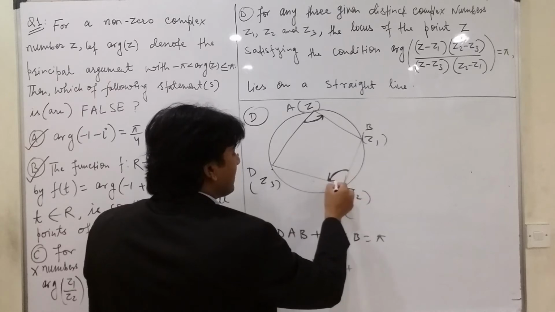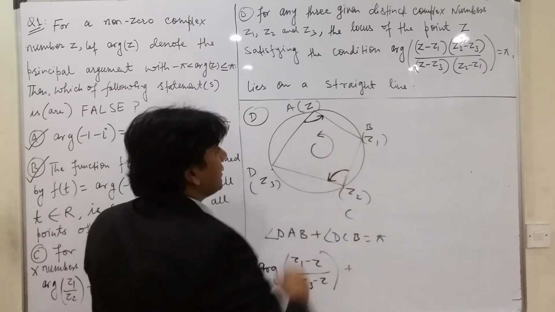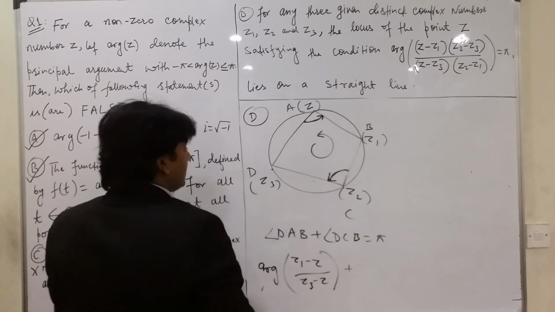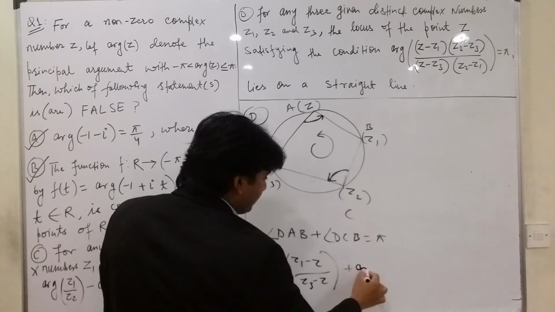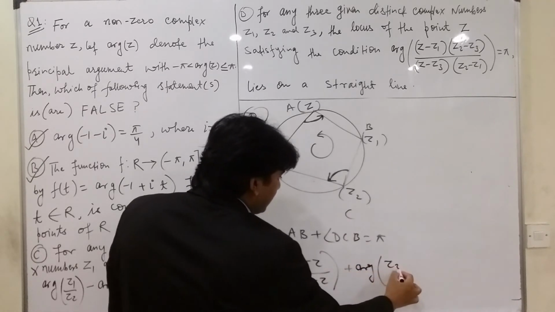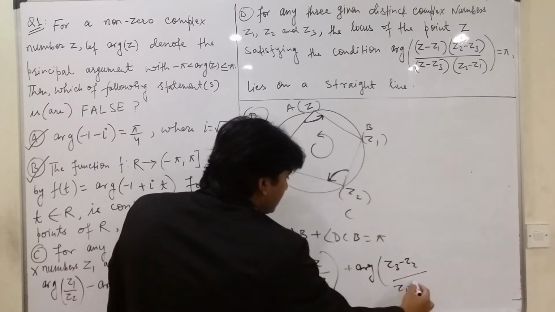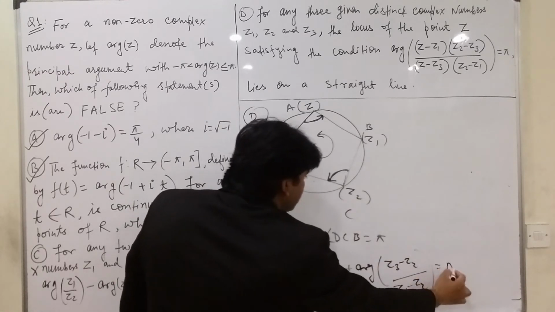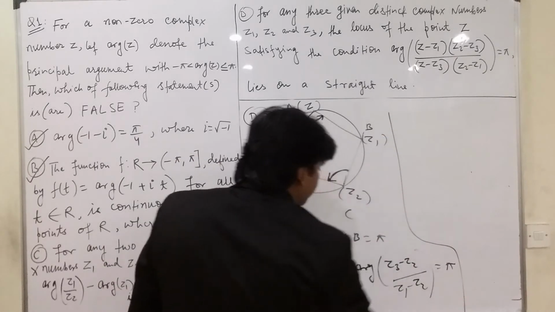This type of sense is called anti-clockwise sense. So right now, argument of (z3 minus z2) over (z1 minus z2) equals pi. Okay? Now we have the log property.